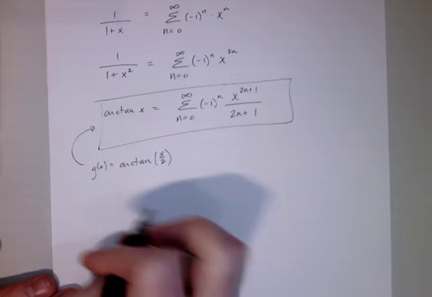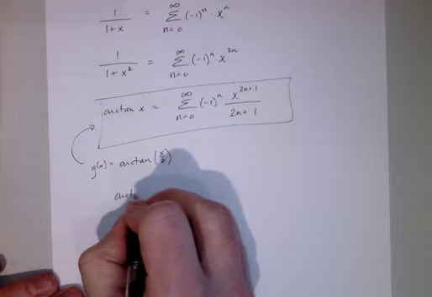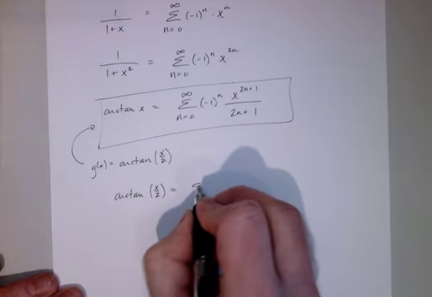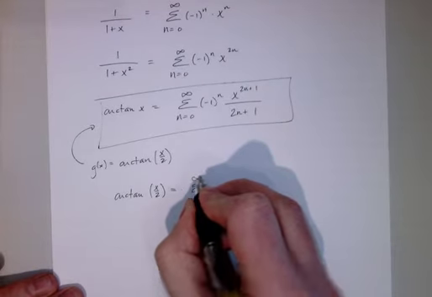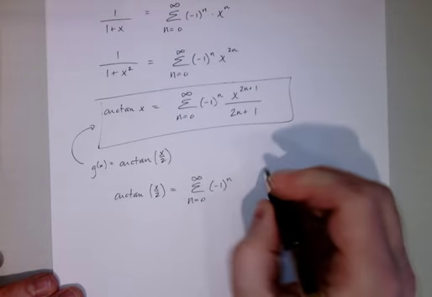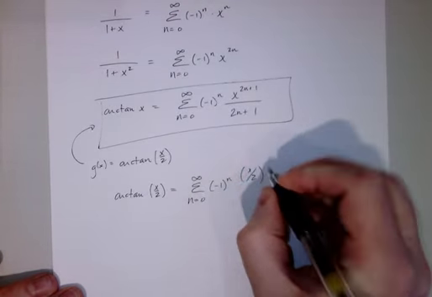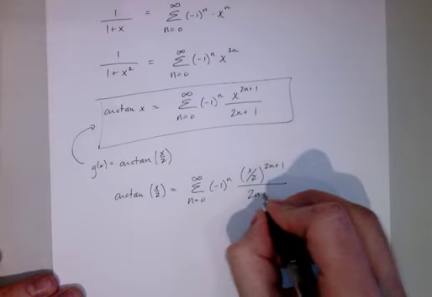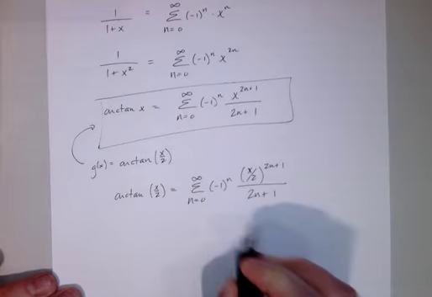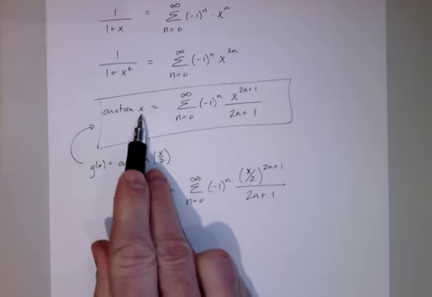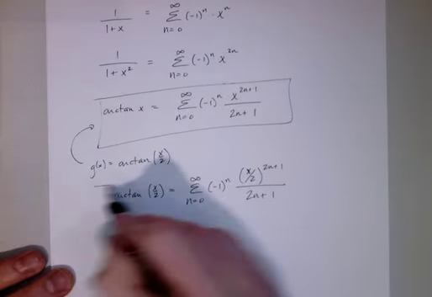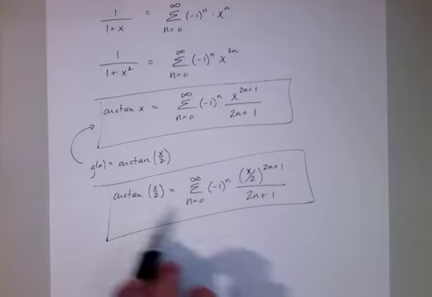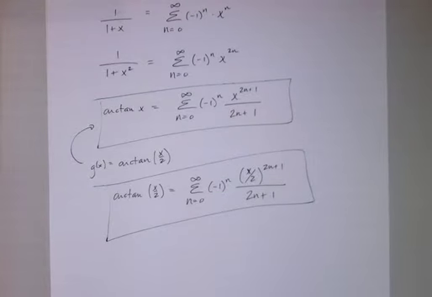And if I just want to manipulate that one, it becomes arctan of x over 2 is equal to sigma, n equals 0 to infinity, of negative 1 to the n, x over 2 to the 2n plus 1, all of that over 2n plus 1. And all I've done is basically taken what was x and plugged in x over 2. That right there is the sigma notation of the power series that I'm looking for.